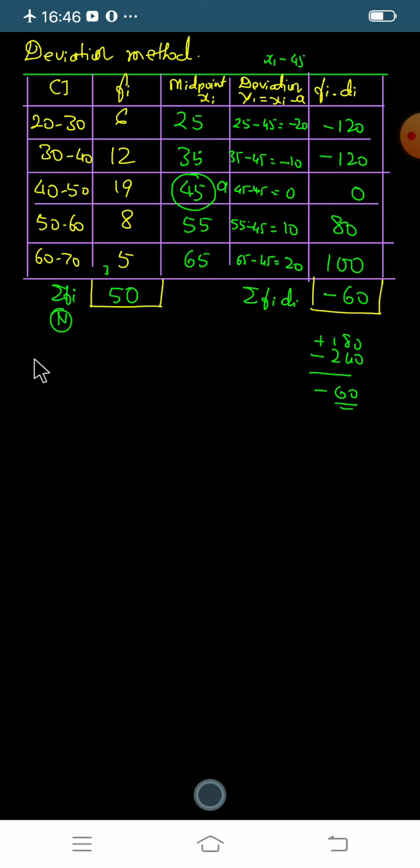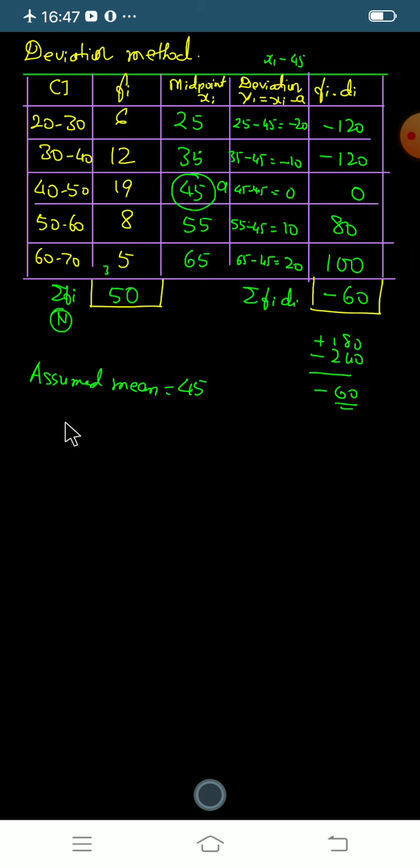Now we have to make use of one very important formula. Before that we have to write what the assumed mean is here. The assumed mean is 45, that is what we have written here.